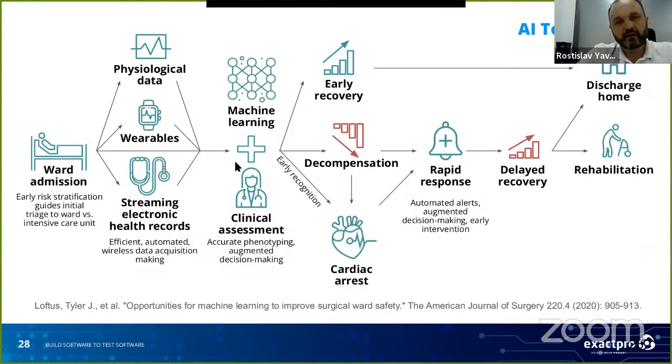Then you apply modern machine learning techniques in combination with clinical assessment from professionals, and then this data could be used at other stages for early recovery and rehabilitation or whatever. Again, this is a very important topic, but what we have here is a part related to different methods and algorithms for anomaly detection, for outlier detection, and that's really important here.